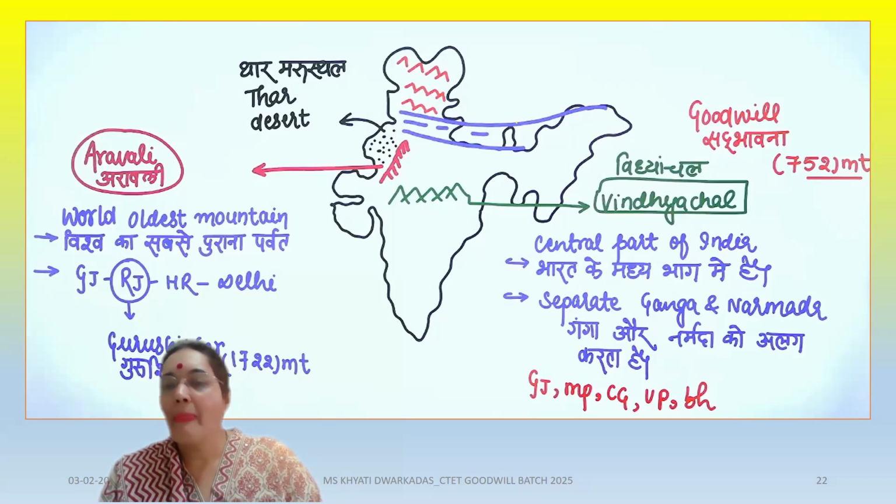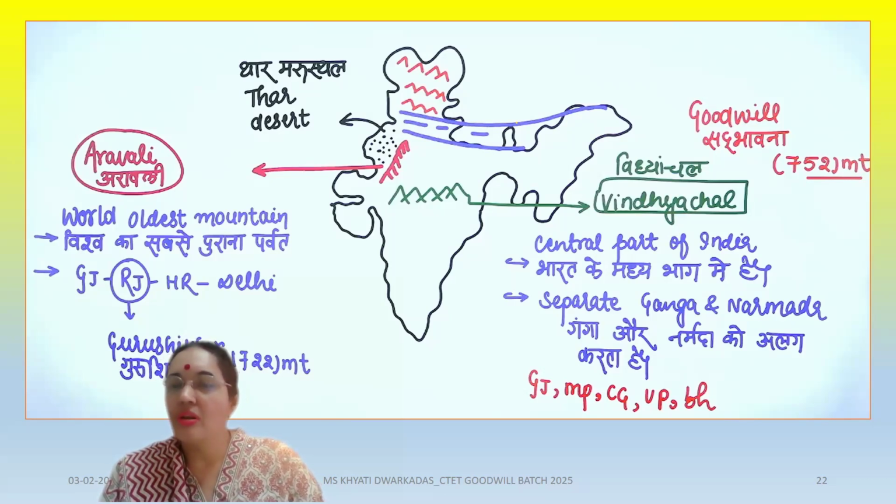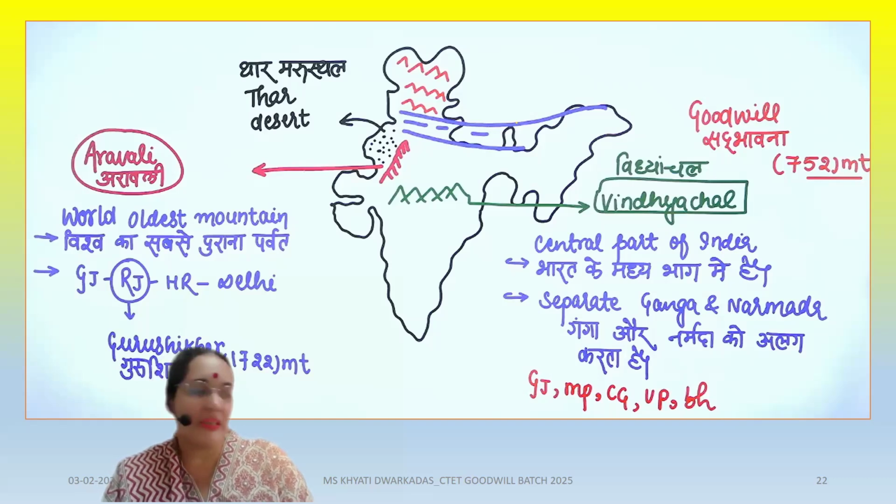Right? The highest peak of the Vindhya Mountains or the Vindhyachal Parvat Shrinkla is Goodwill or Sadbhavna Range at 752 meters.